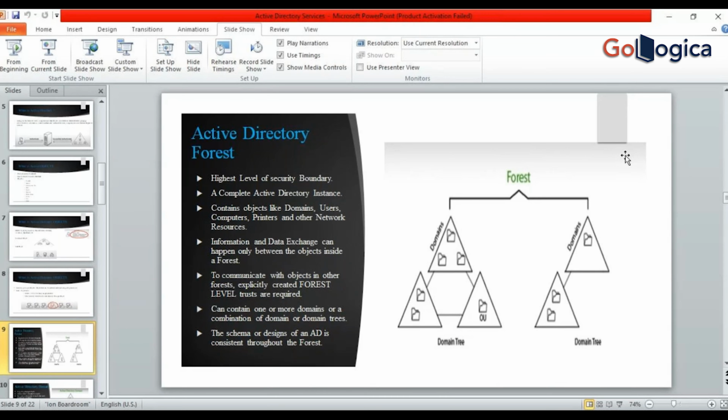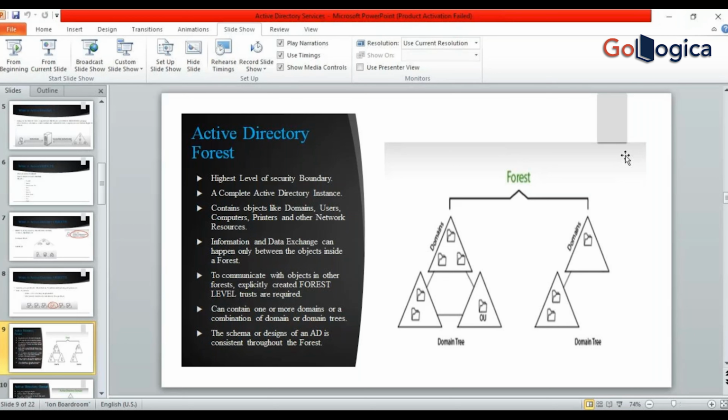Similarly in Active Directory, all our users located around the globe, around the world, come completely under one tree or one forest. So the forest becomes the highest level of security boundary. All the networks, all the users, all the information are there, interconnected and exchanging information between all of them.